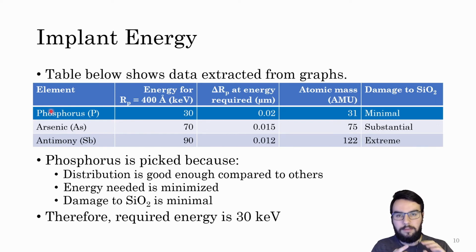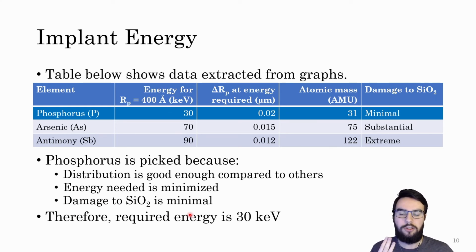So we're going to choose phosphorus. And why is that? Well, for three reasons. First, the distribution is good enough compared to the others, as we can see here, with the straggle being about the same. Second, the energy needed is minimized, so we can just use 30 kiloelectron volts, which means that our power usage is minimized as well.